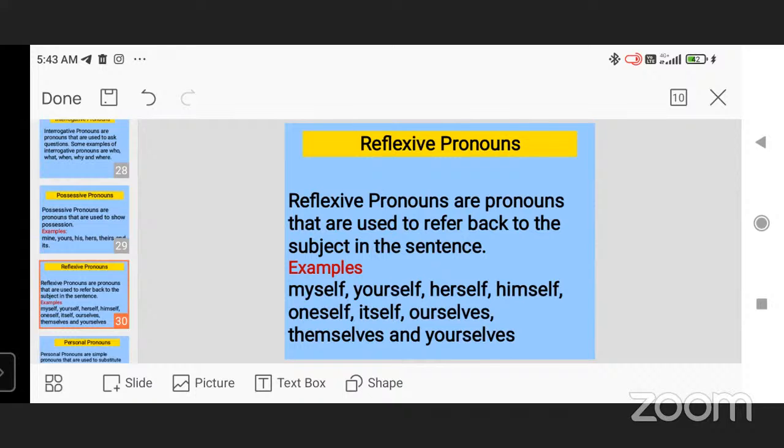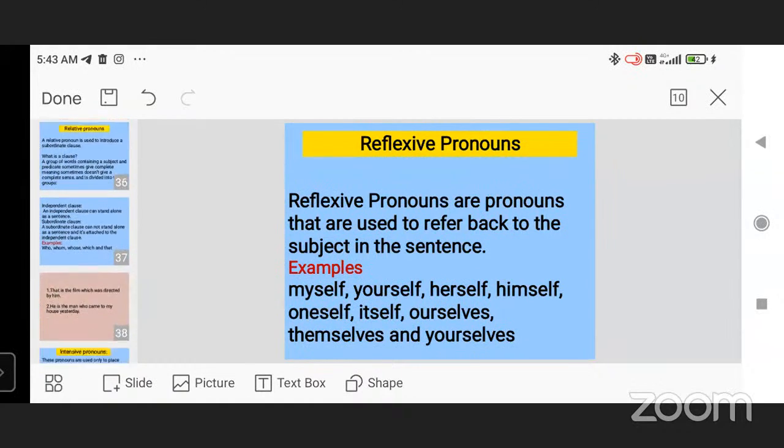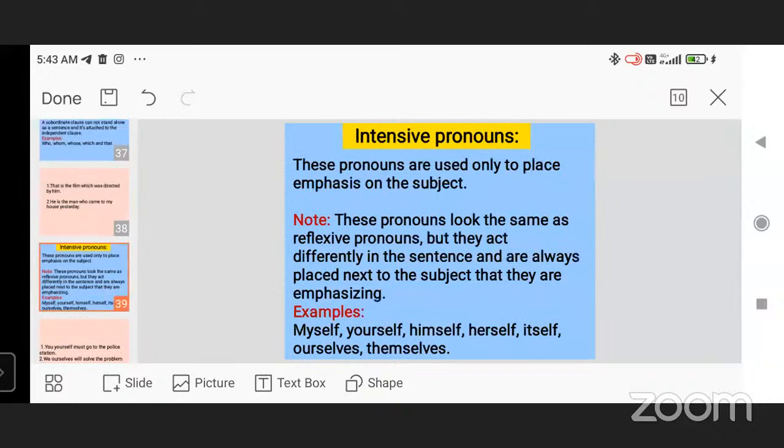So here there is a small change in intensive pronoun. One second. So see here, the intensive pronoun is used to stand along with the subject. So before myself, there will be I or you, anything will come. So with the subject alone, these words will come. So don't get confused between the reflexive and intensive.